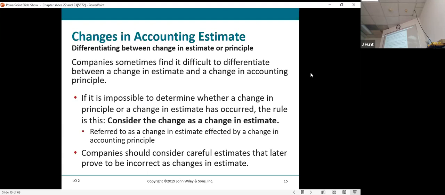So normally, where you have this situation, the determination is that you consider the change as a change in estimate. If you have a doubt, you treat it as a change in estimate, and then, of course, you do it going forward. You make the change from now going forward.